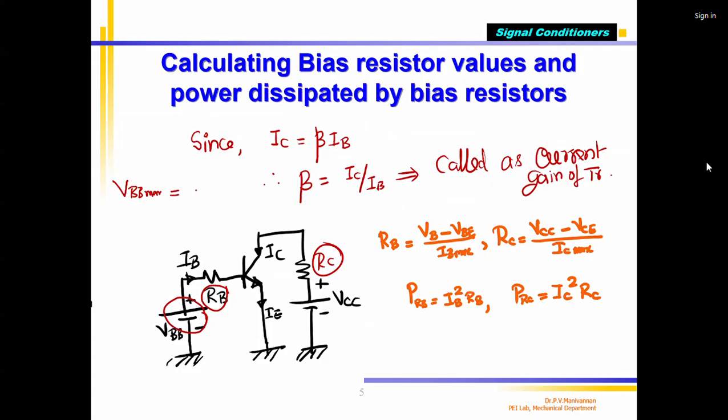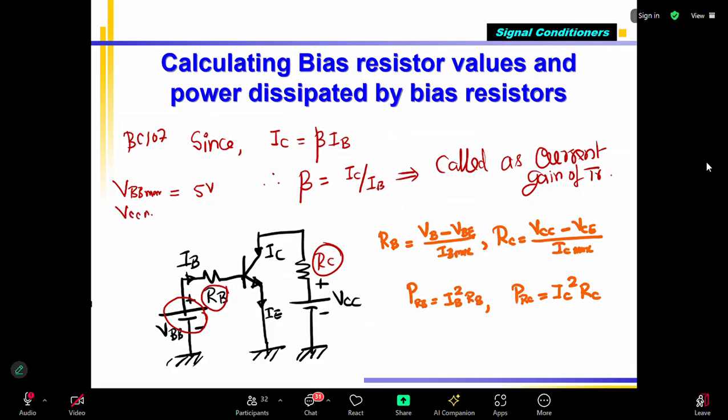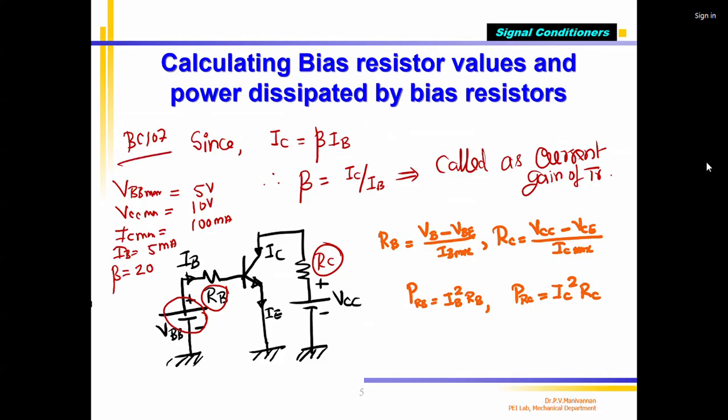It can be given as 5 volts. For example, BC 107, VBB max is 5 volts. Similarly, VCC max, what is the maximum in the data sheet, 10 volts. They say IC max equal to 100 milliamps, IB max equal to, for example, 5 milliamps. They say beta equal to 20. This is the data they gave for the BC 107.